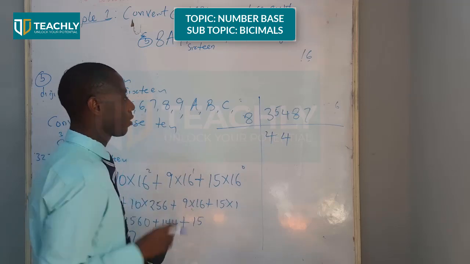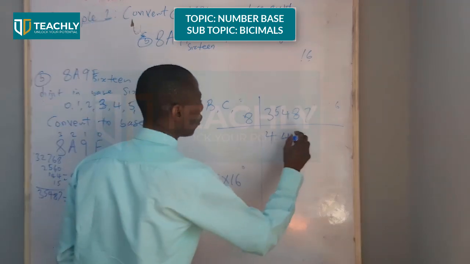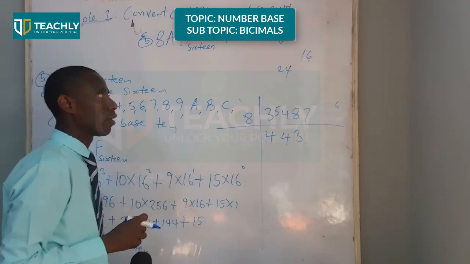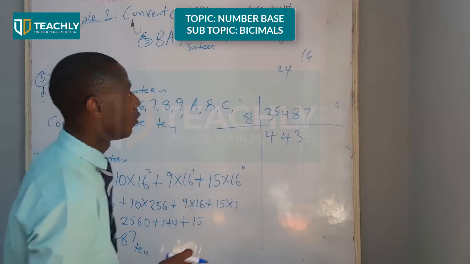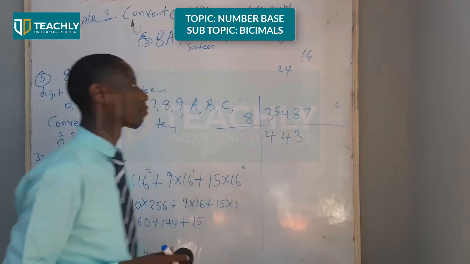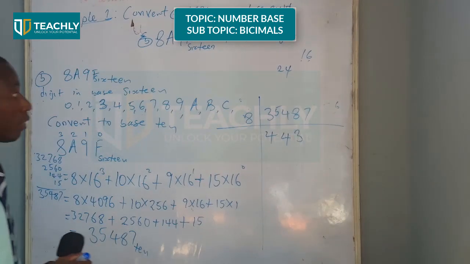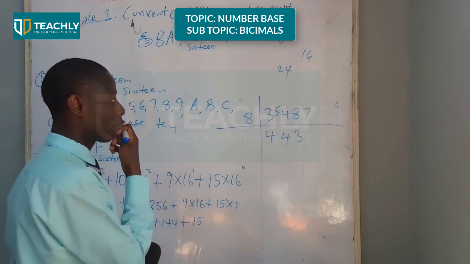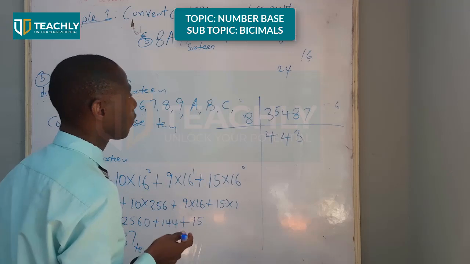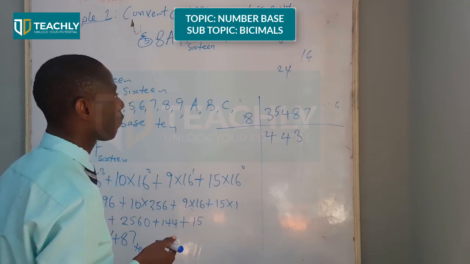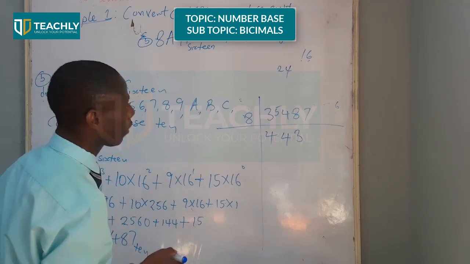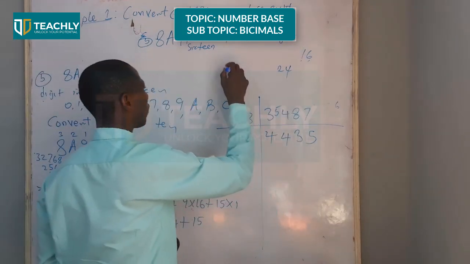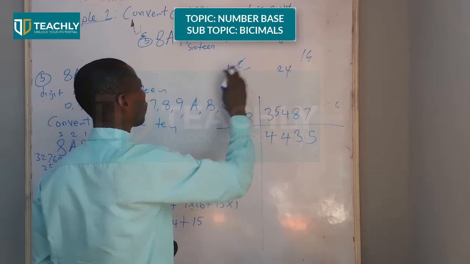We have 3, which is 24. 24 from 28, remainder 4. We bring that 4 here, it becomes 47. How many 8s in 47? We can get 5. That 5 is 40. 8 in 47, we have 5.